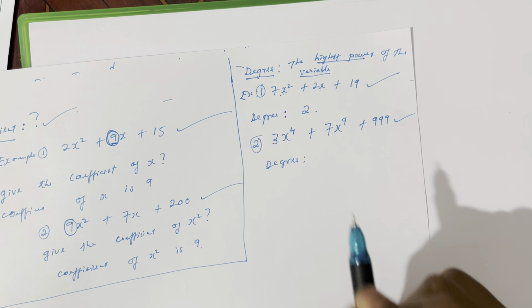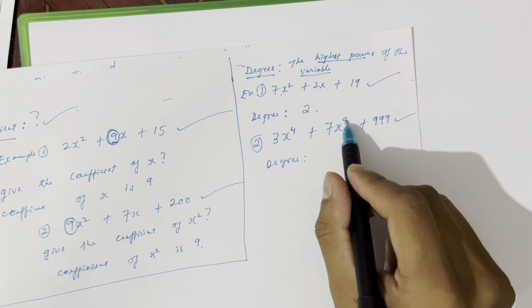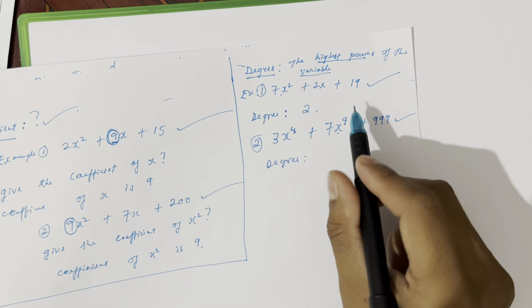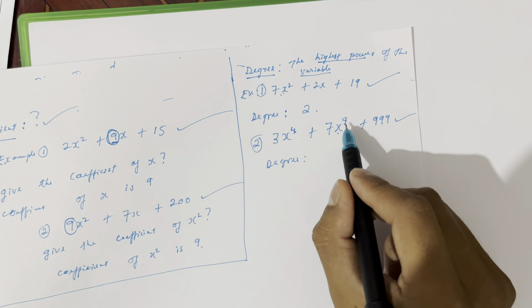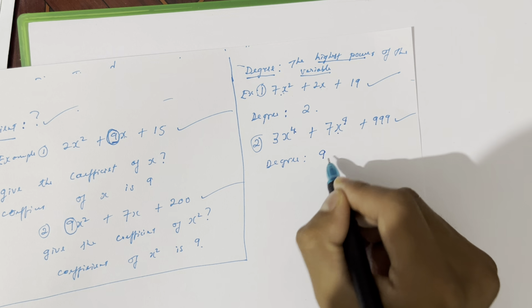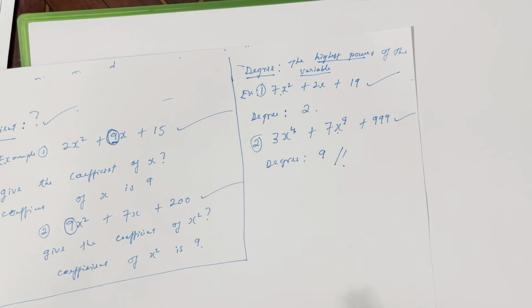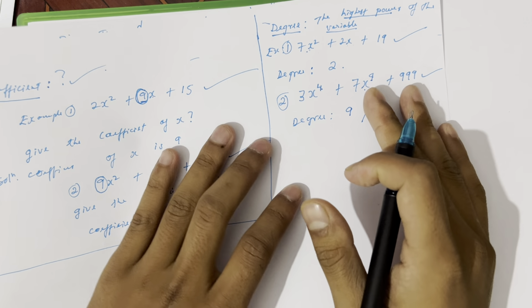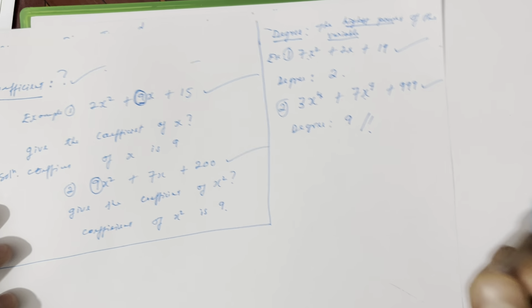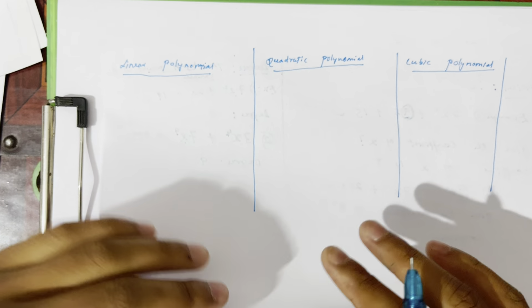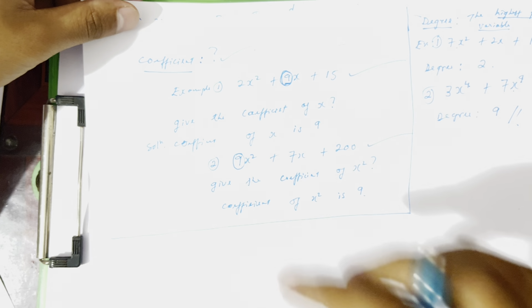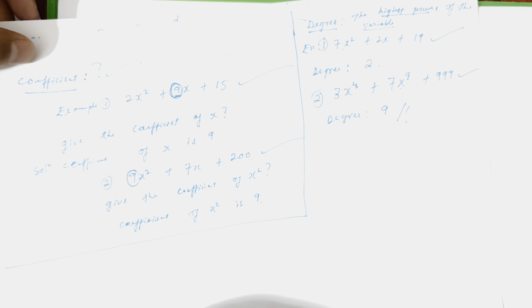Which is the highest power of the variable here? It is 9. x to the power 4 here, x to the power 9. The highest power of the variable here is 9. So you write: degree is 9. Clear? Now you already know coefficient and degree, and the last one I will explain a little bit after finishing the coefficient and the degree.